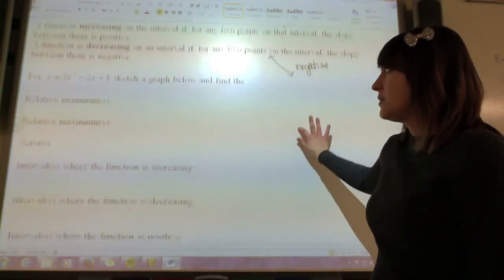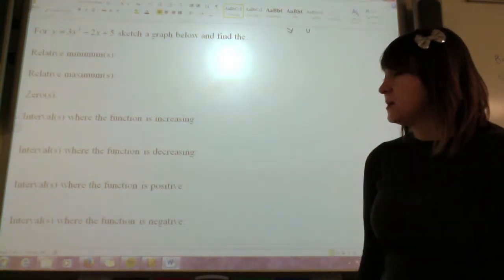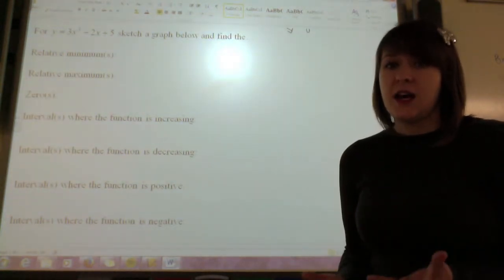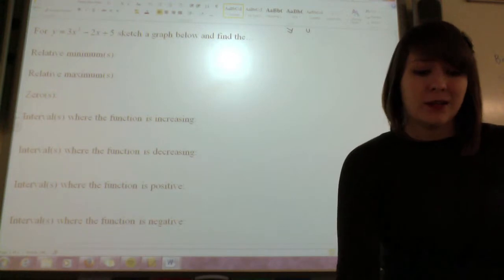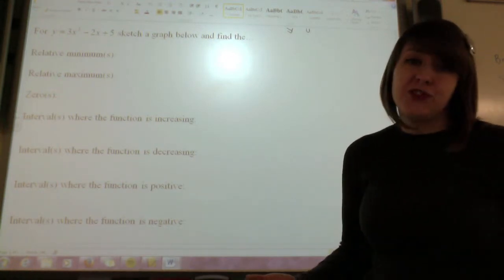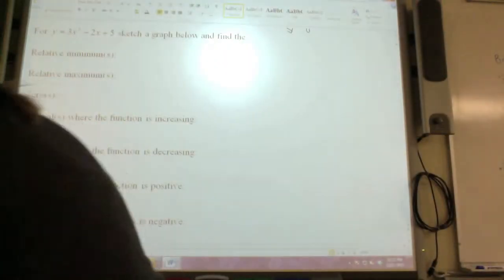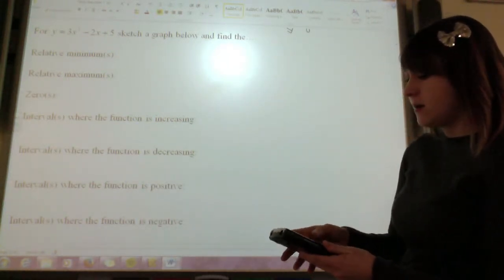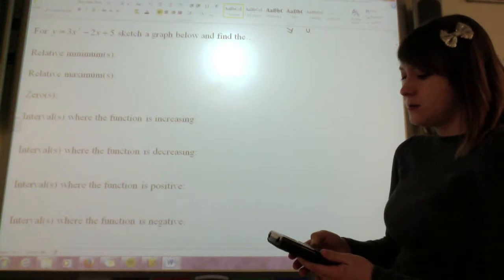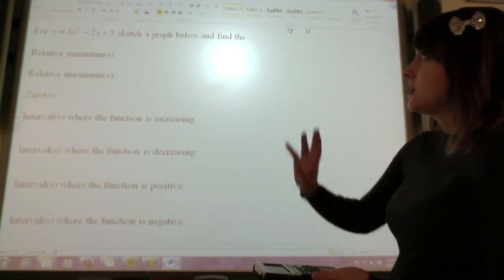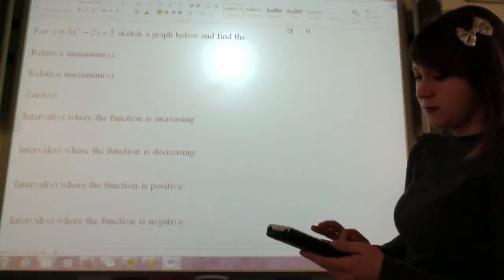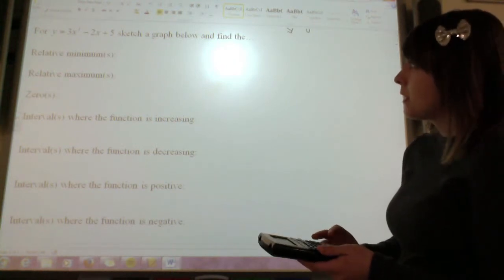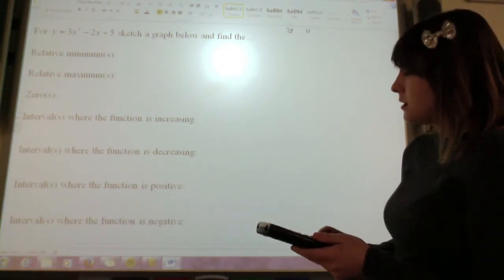A function is decreasing on an interval if for any 2 points on the interval, the slope between them is negative. So if you have a negative slope, remember that looks like this. So as your x is increasing, your y values are decreasing. So any place where you have a negative slope, that would be considered decreasing. Alright, so now we're going to do some example problems, and I will show you exactly how I would do one of these problems using my graphing calculator. So on my graphing calculator, I'm going to go to my y equals, and I'm going to type in 3x cubed minus 2x plus 5.